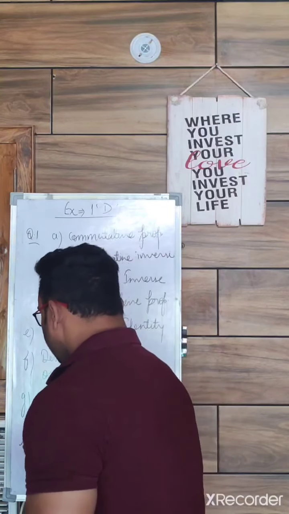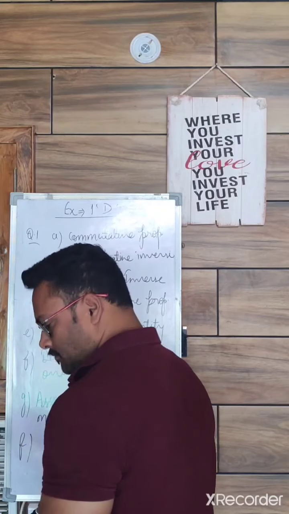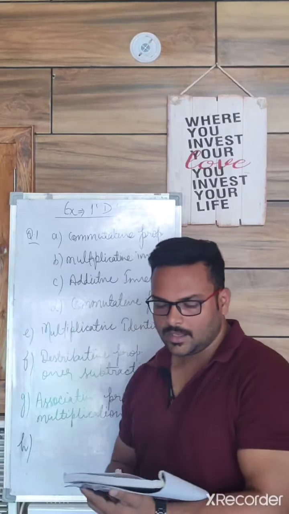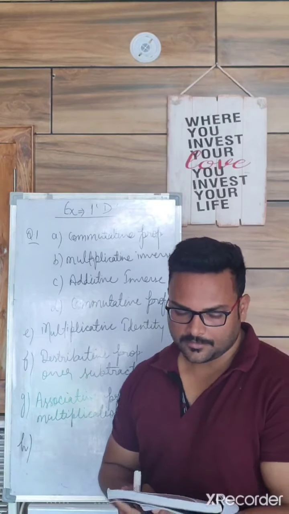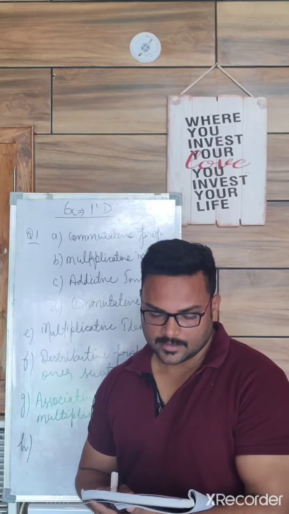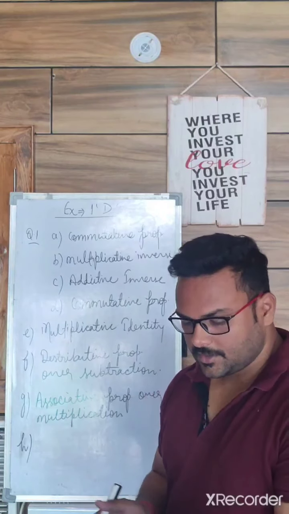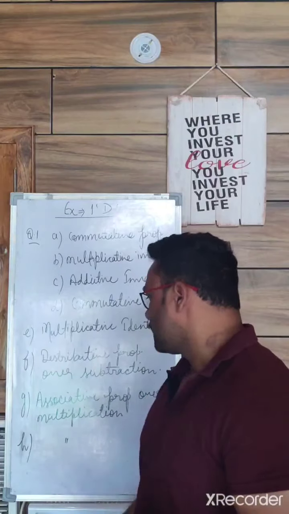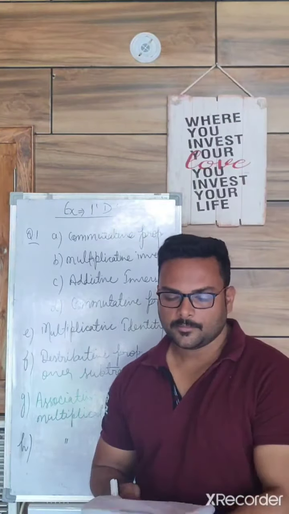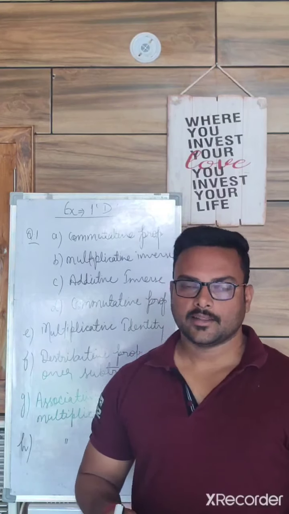Okay. H: 1 by 2 into 1 by 3 into 1 by 5. So that is also the same. Okay. So these are all the properties used in question number 1. You have to mention which properties are used.